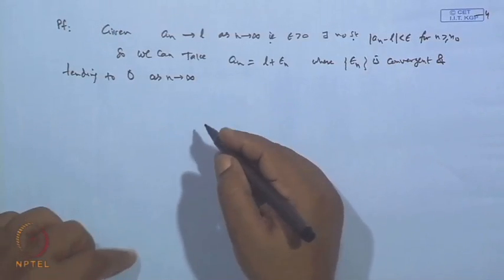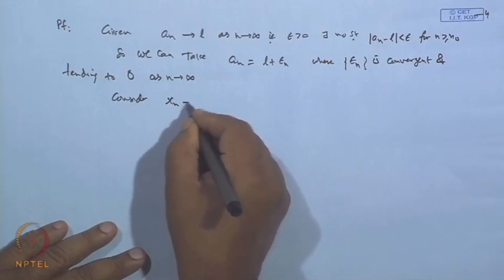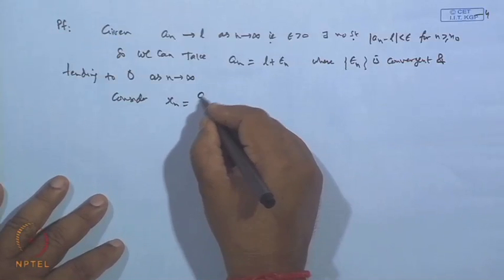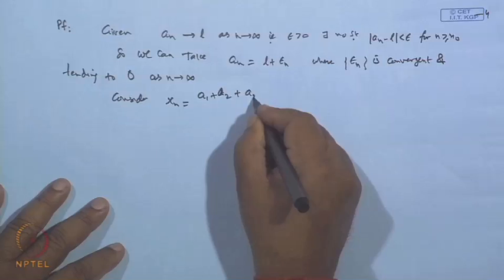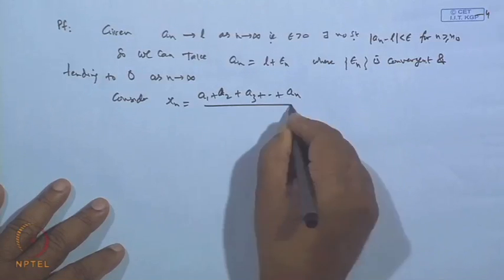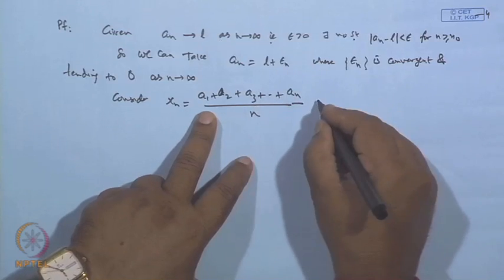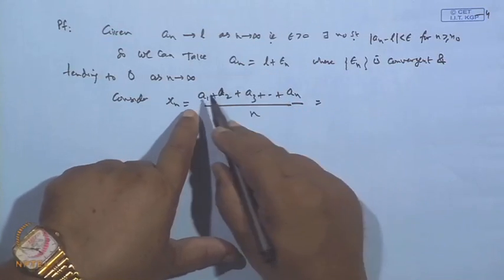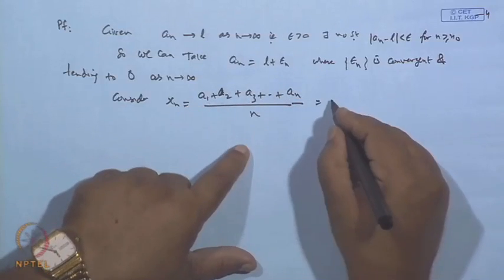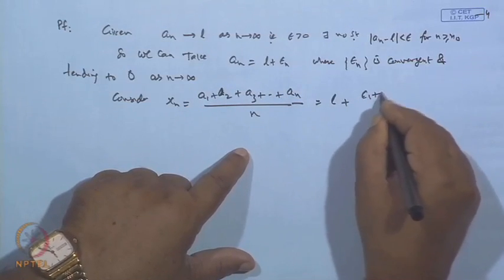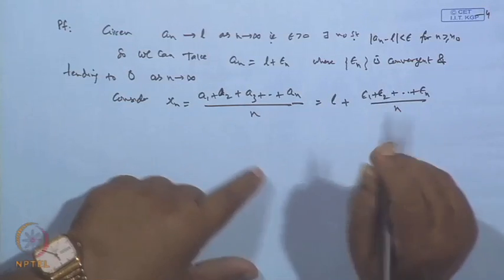Now, consider x_n. X_n is a_1 plus a_2 plus a_3 up to a_n, divided by n. So, substitute a_1 in terms of epsilon_1. If I substitute a_1 is L plus epsilon_1, a_2 is L plus epsilon_2, up to a_n, so this is n times L divided by n, giving L, plus (epsilon_1 plus epsilon_2 plus ... plus epsilon_n) divided by n. Okay?